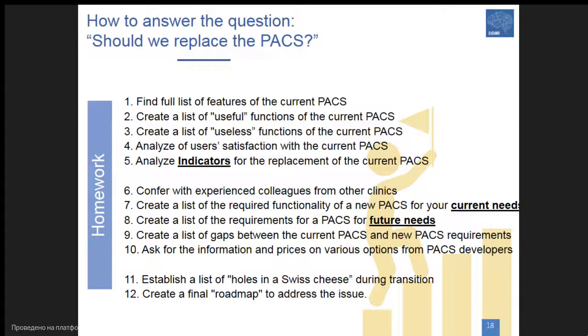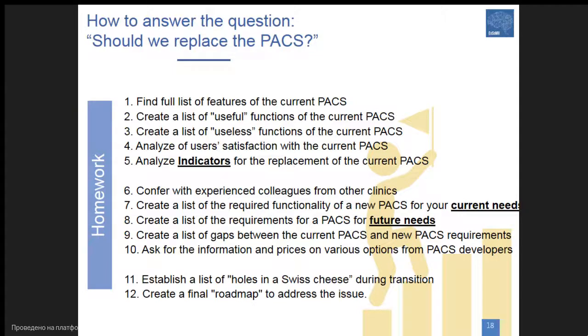Then you should talk with other colleagues, create a list of required functionality for your current needs and also for the future needs. So you need to think, of course, strategically, not only for today. Create a list of gaps and ask for prices and information from various vendors. Then establish a map of risk, a list of holes in Swiss cheese during transition.